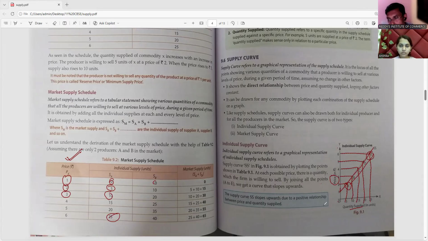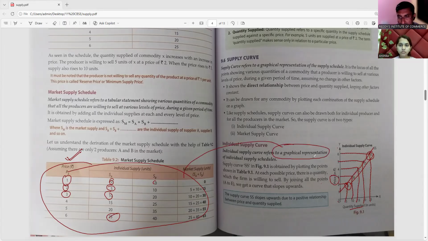So this curve, the individual supply curve, is a graphical representation. We presented those numbers in numerical form, and in graphical form that is called the individual supply curve.